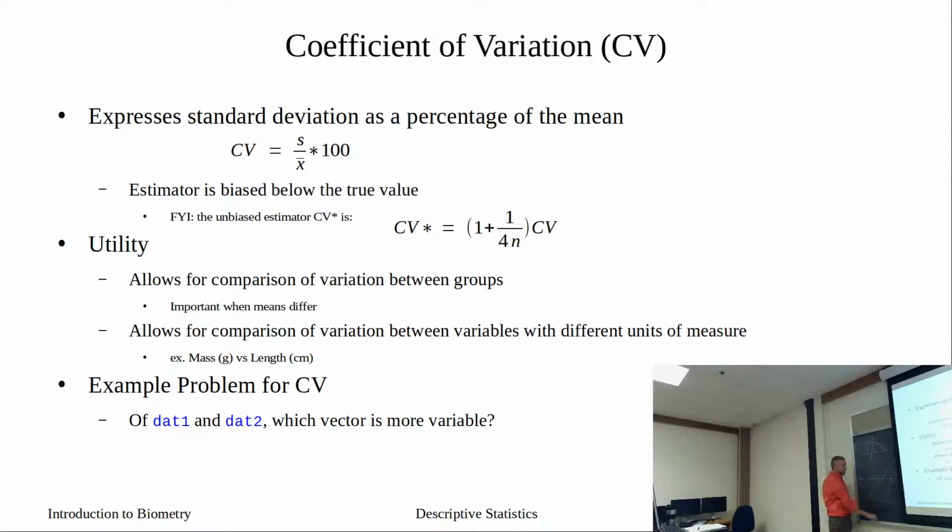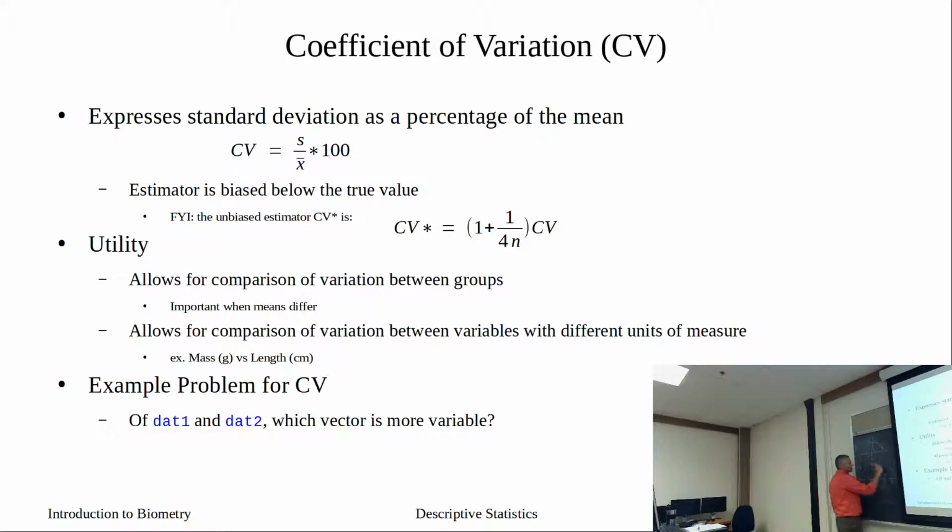It's going to take our standard deviation and divide by the average. So our standard deviation is going to be some number with the units attached to it. Our average is going to be some number with the units attached to it.